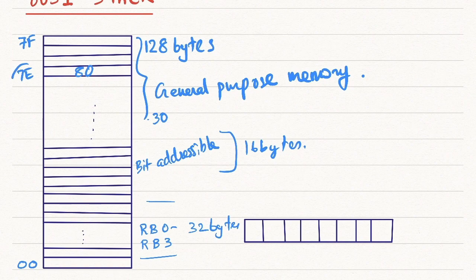I need to use memory location 7E for some other purpose, but I don't want to lose this 80 data. So I will push the content of 7E to some other memory location and use 7E to store some other value. So I store this 80 data temporarily in the stack.